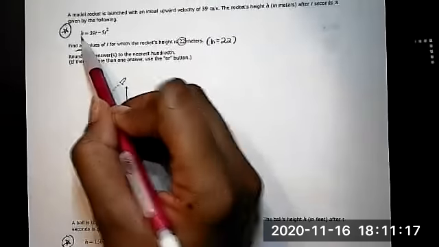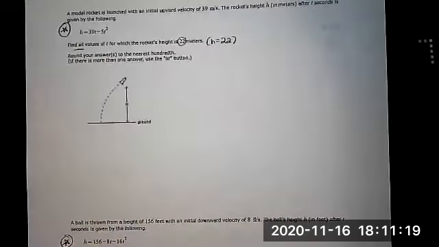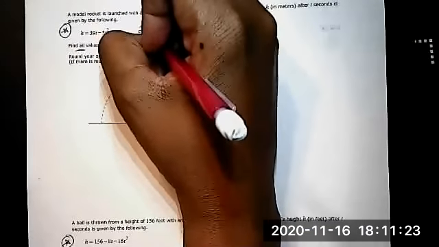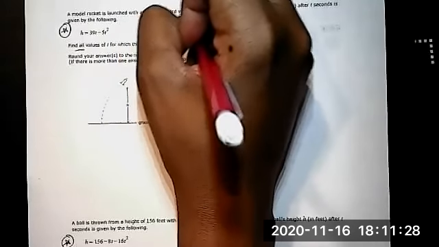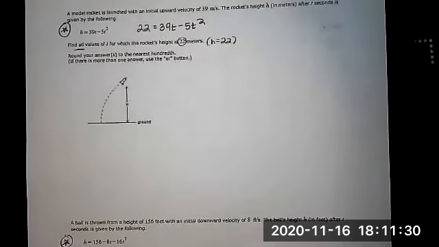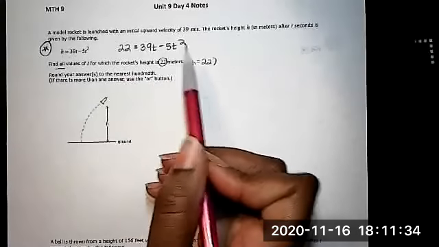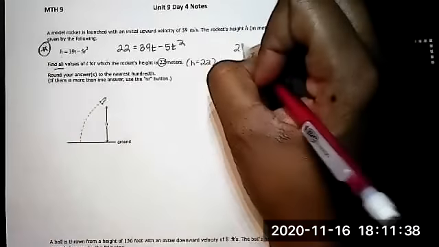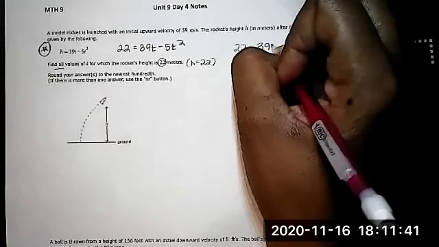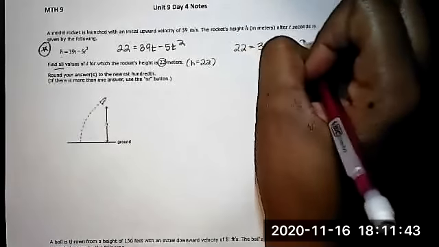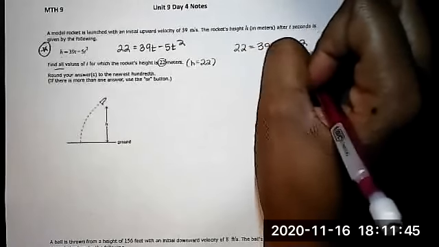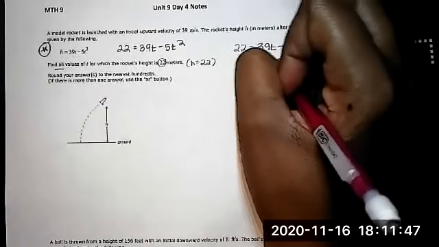But let's see. H equals 39t minus 5t squared. We're going to replace h in this case with 22 equals 39t minus 5t squared. Okay. So when you have something like this, we want to get it so that it's equal to 0, and we would like that t squared value to be positive. So in this case, let's add 5t squared and subtract 39t.